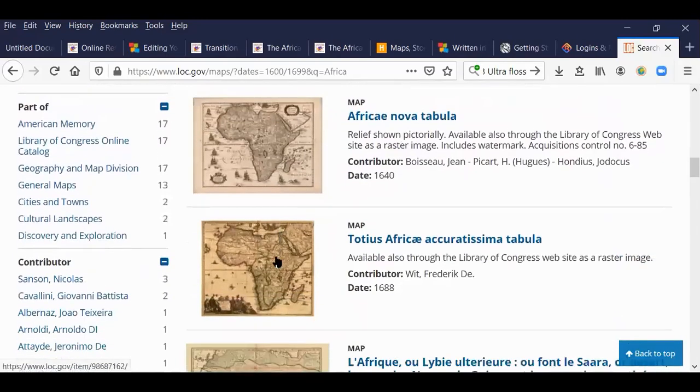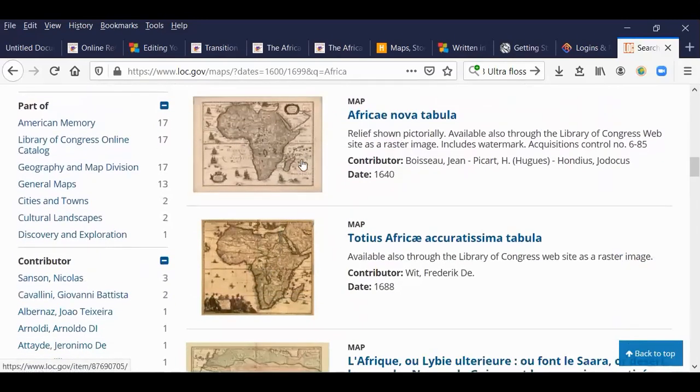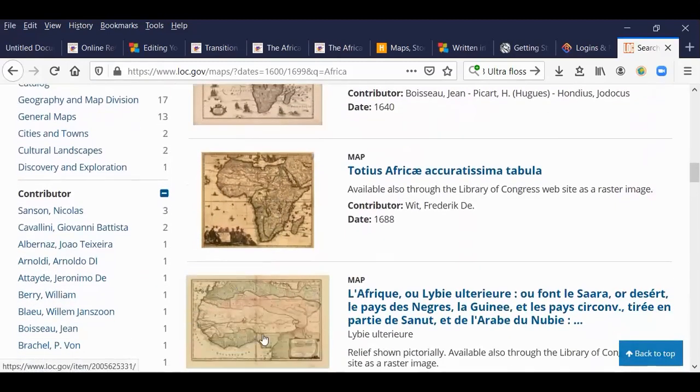And it's this Dutch material that starts to show up in these totalizing maps of Africa, the whole continent, not just the shores of West Africa, but the whole continent start to be represented.